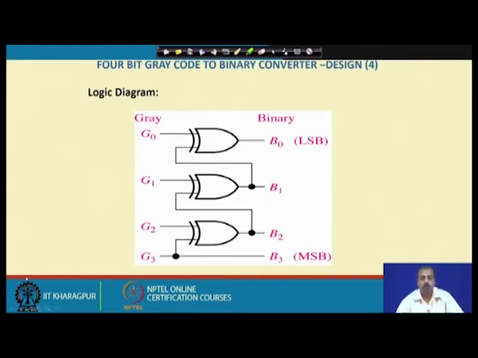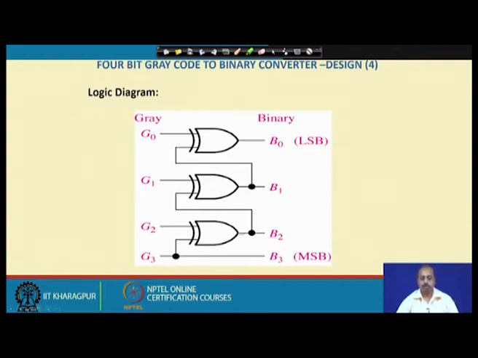Here is the logic diagram of this gray to binary code converter, something like this. We have got G0, G1, G2 and G3 on the left side. G3 is directly copied to B3, and G3 and G2 are XORed to get B2. Now, for getting B1 I need to XOR G1, G2 and G3, which will require a 3 input XOR gate.